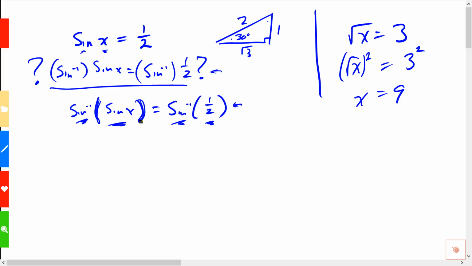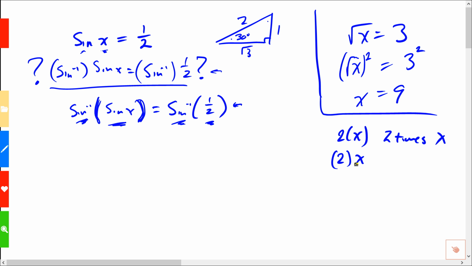I understand the misunderstanding because our notation looks the same. If I write 2x, this literally means 2 times x. If I write 2(x), that also means 2 times x.